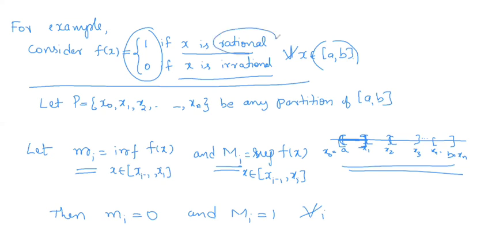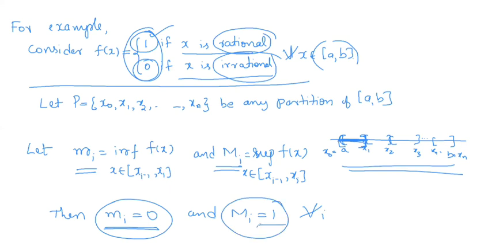At all rational numbers it is 1, and at all irrational numbers it is 0. So in a subinterval, the minimum possible f of x value is 0 and the maximum possible f of x value is 1. As it has only two possibilities, the minimum is 0 and the maximum is 1. So in any subinterval, mi is 0 and capital Mi is 1, which is the infimum and the supremum.